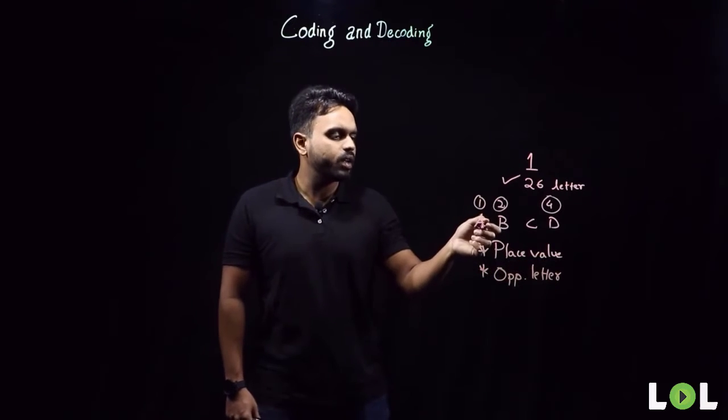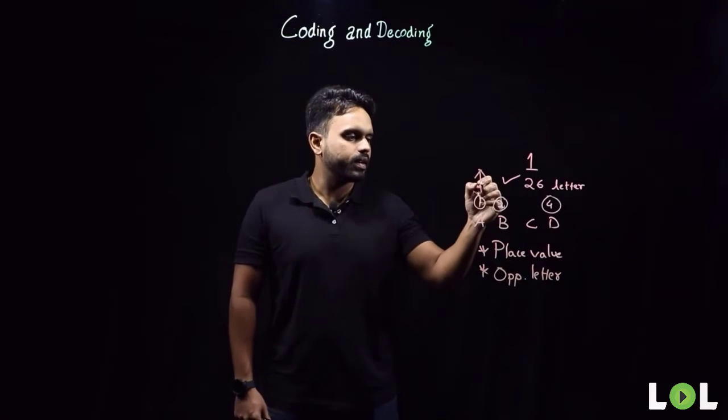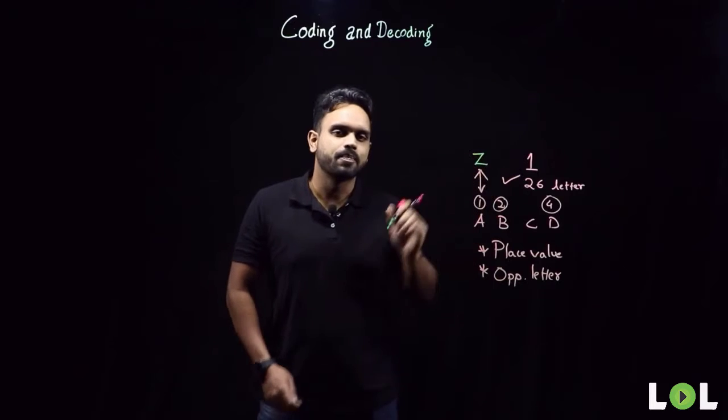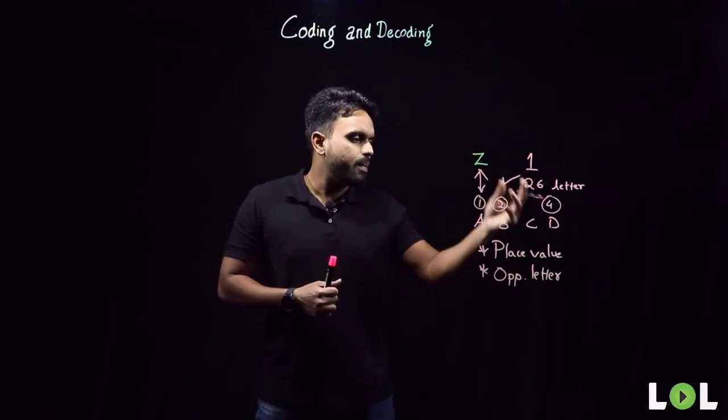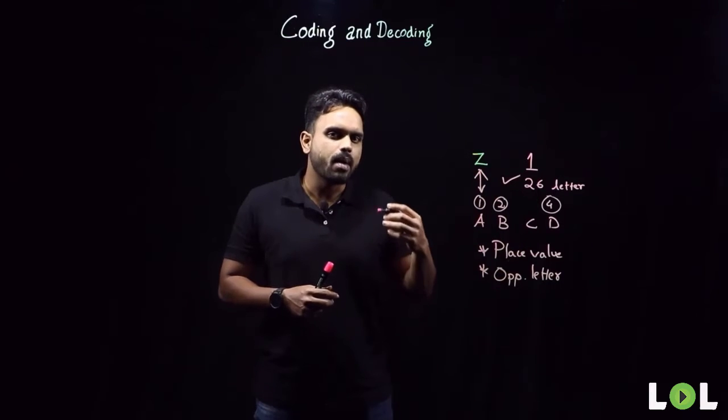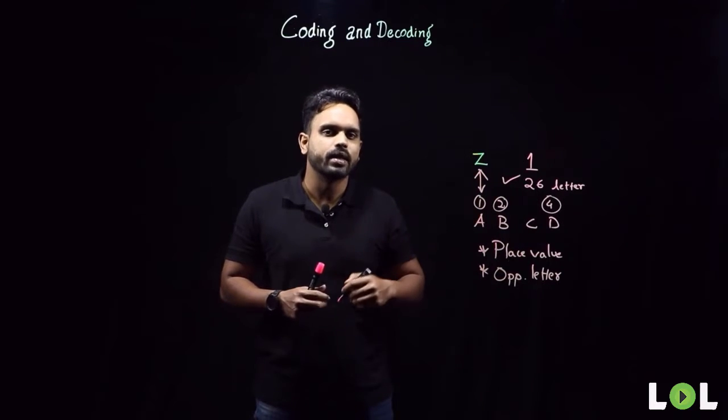What is the opposite letter of Z? We know that it is A. Opposite letter of A is Z. So, we'll try to memorize these things using a few mnemonics that will help us memorize them quickly. Let's have a look at them.